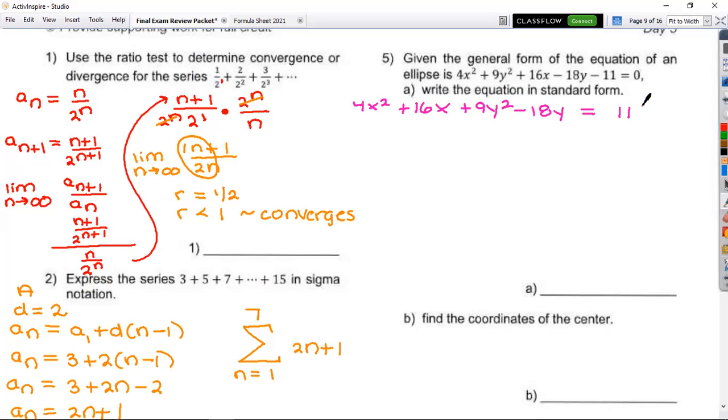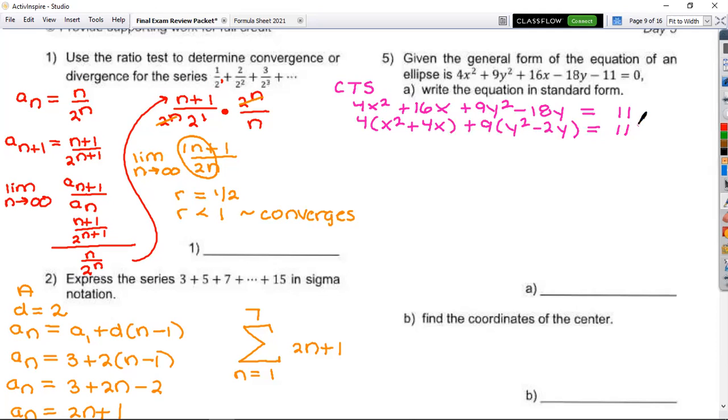So because you were given the general form, we want to put this in the standard form. And again, this is your completing the square process. So I take out a 4. I've got x squared plus 4x plus 9, and then I've got y squared minus 2y equal to 11.